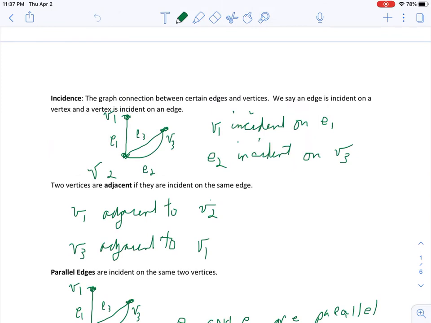So I should change that. V3 is not adjacent to V1, but it is adjacent to V2. So let's change that.